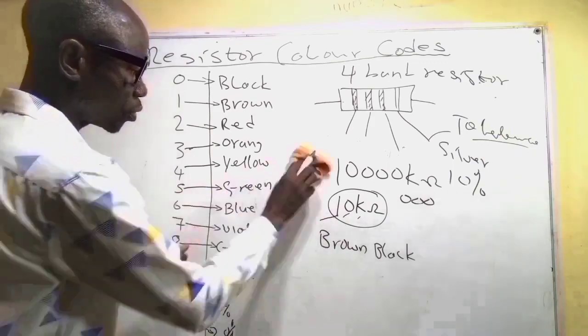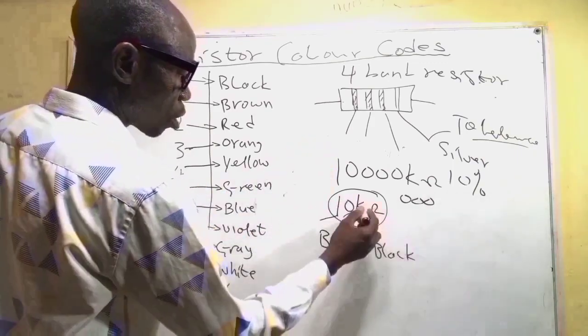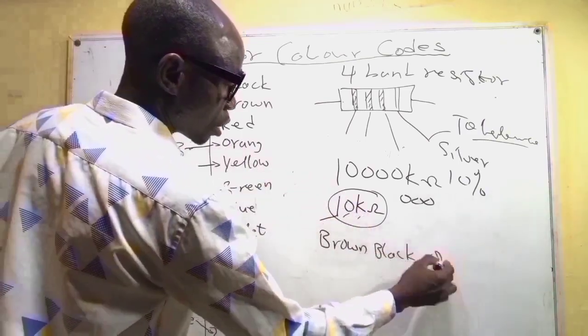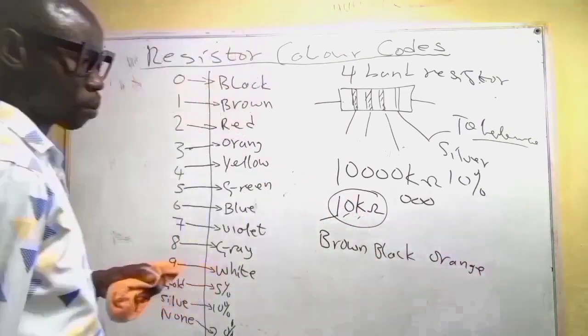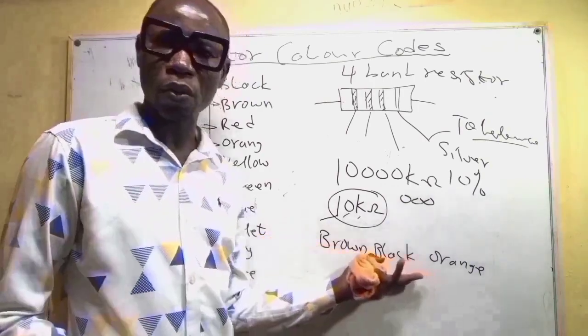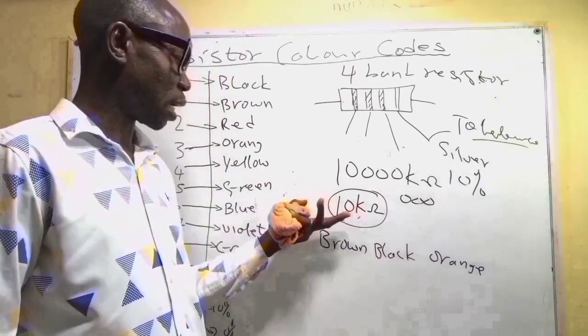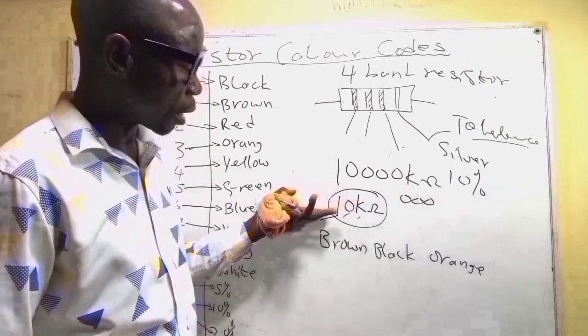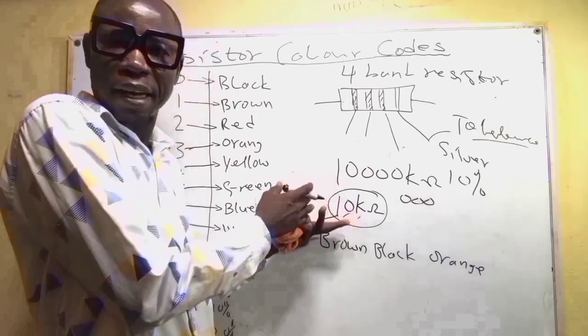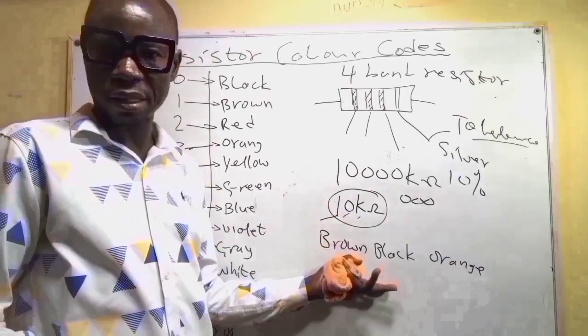So it is orange, as you look here, the 3 is orange, and it's the same as K. So if we give you the colors, you must know the value. Or if we give you the value or the figure like this, you must know the colors.